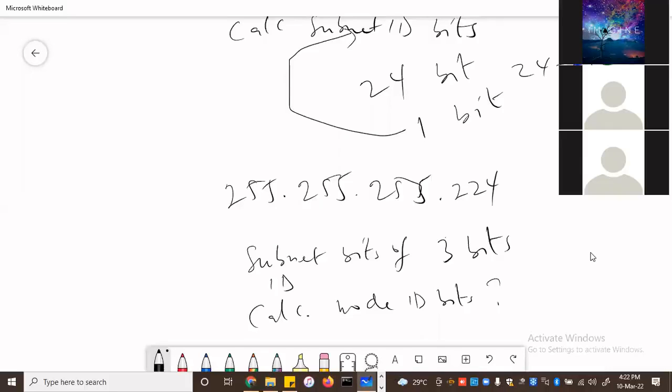Using the formula, 2 raised to the power n. I'm asking for the total, so there's no minus 2. If I were to ask for the assignable, that would be different. There you go, 32. So you actually have 32 IP addresses.